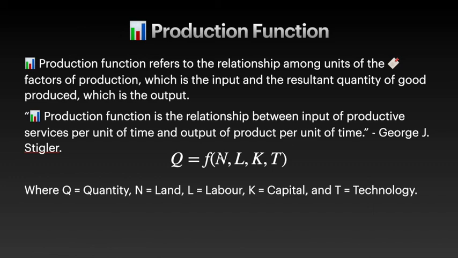This definition of production function was given by George J. Stigler. In mathematical terms, Q, which is quantity of commodity produced, is a function of N, which is land, L, which is labor, K, which is capital, and T, also known as technology. This is the production function equation in mathematical terms.